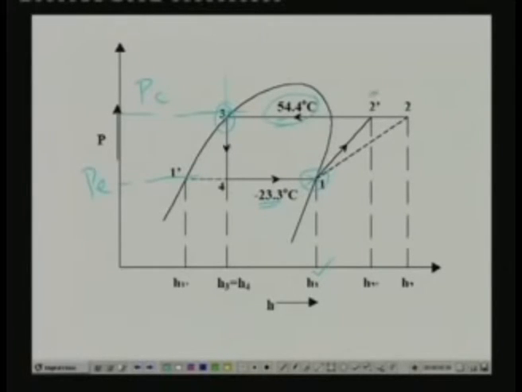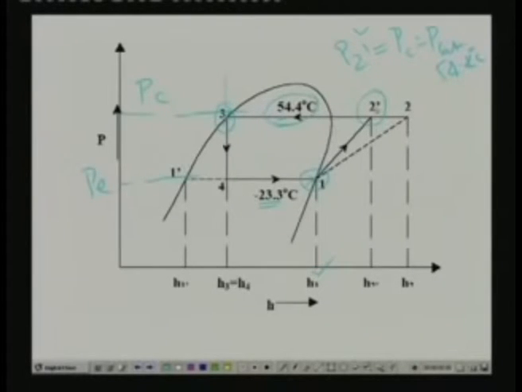Now, how do you find the property at point 2 dash? Point 2 dash lies in the superheated region. So, if you want to find the properties, you have to specify two independent properties. What are the properties we know? We know the pressure at this point, P2 dash. P2 dash is nothing but the condenser pressure, which is the saturation pressure at 54.4 degrees centigrade. What else do we know? We know that process 1 to 2 dash is an isentropic process.